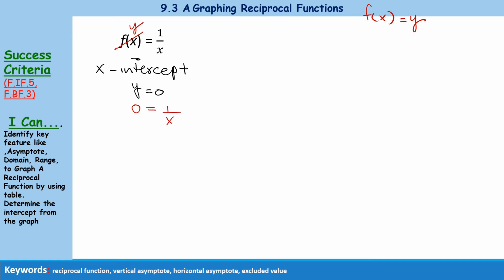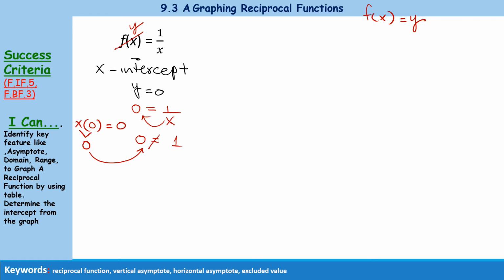Now solve for x. If we bring the x over here, anything multiplied by 0 gives you 0. I will say x times 0 equals 1. So x times 0 gives you 0, so 0 equals 1. Is 0 equal to 1?